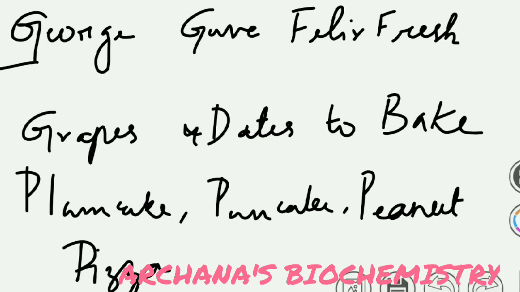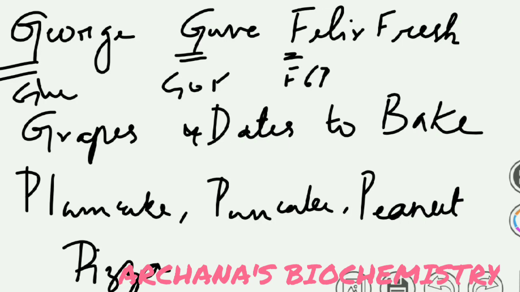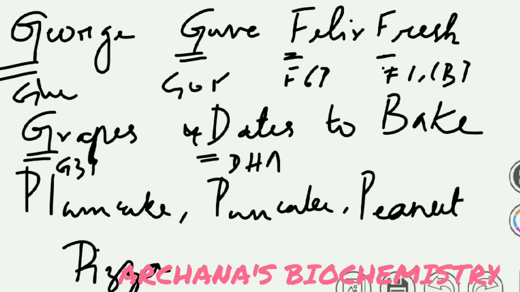Here G represents your glucose. Next G, glucose 6-phosphate. This F, fructose 6-phosphate. Fructose 1,6-bisphosphate. G for glyceraldehyde 3-phosphate. D for dihydroxyacetone phosphate. B for bisphosphoglycerate.